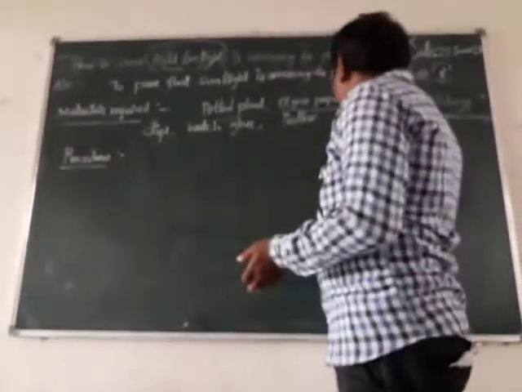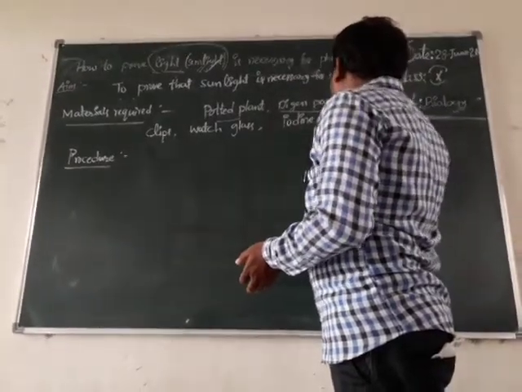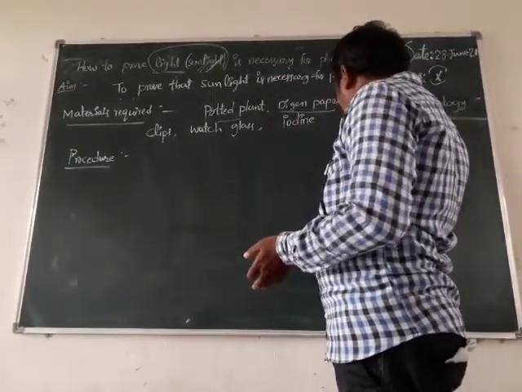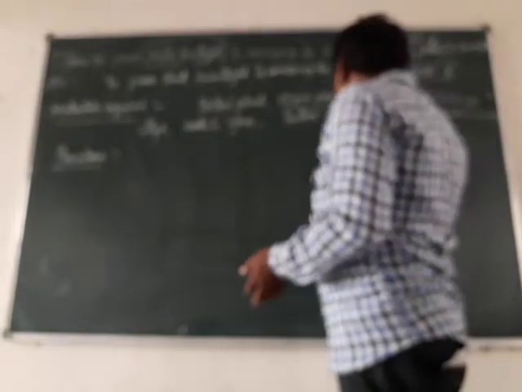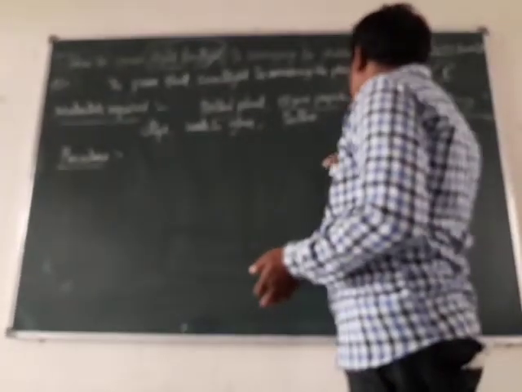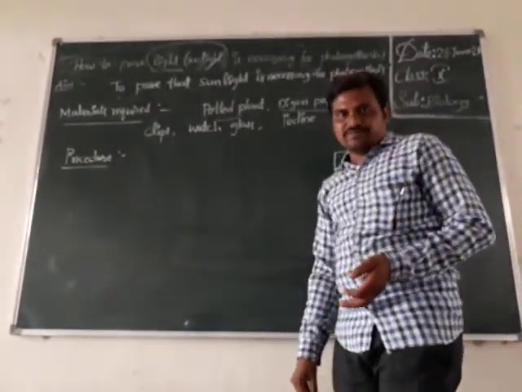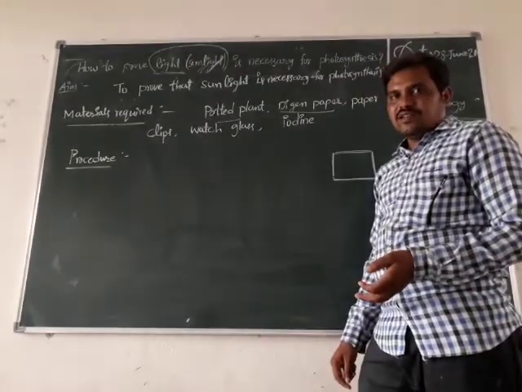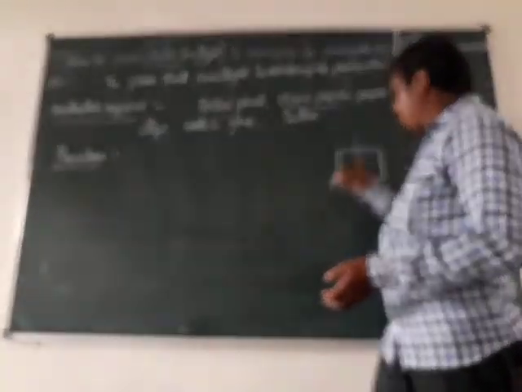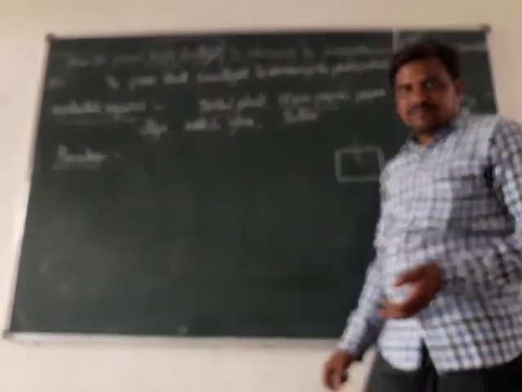Why do we take black paper in this experiment? It is non-transparent to light. It does not allow light inward.